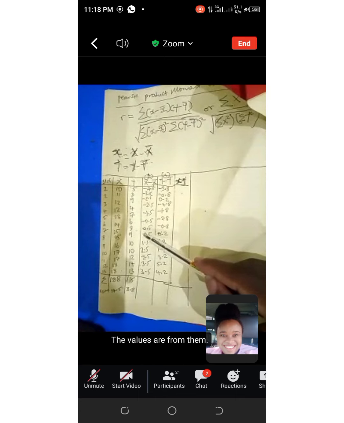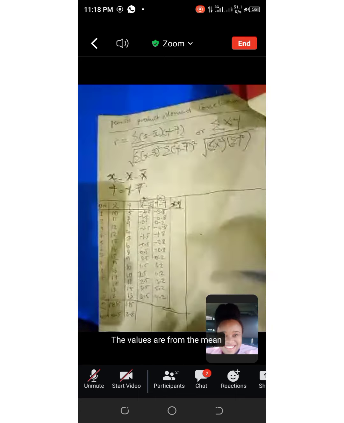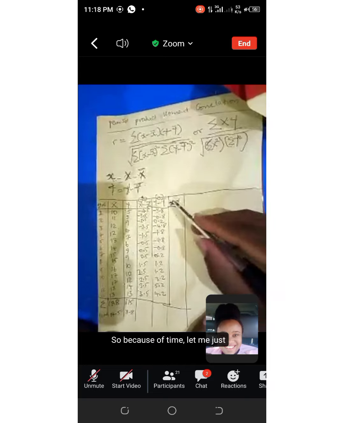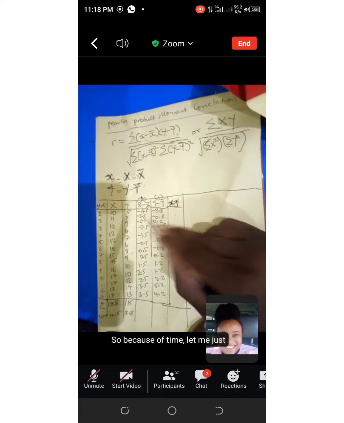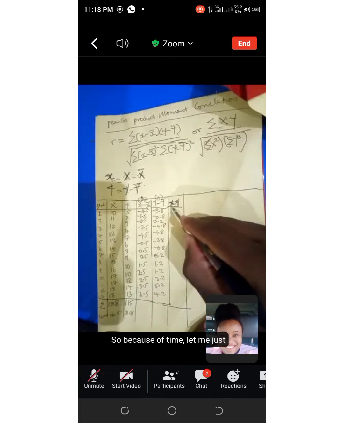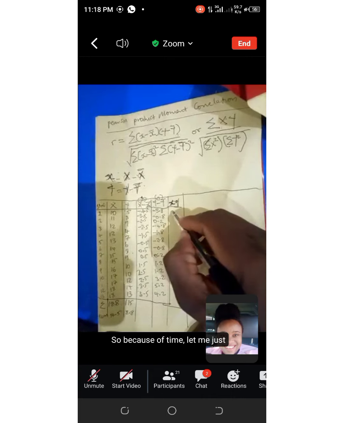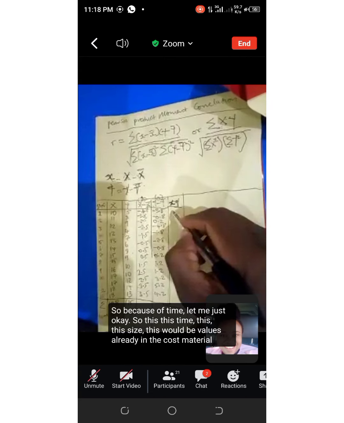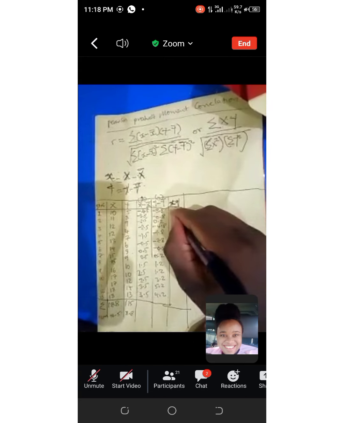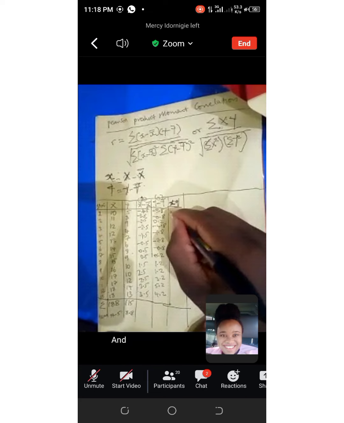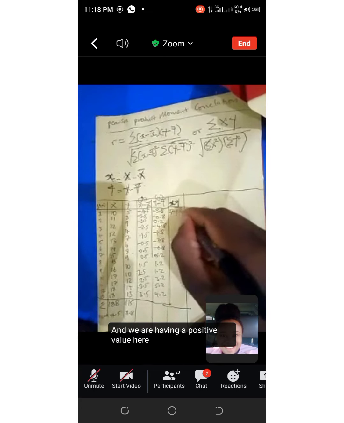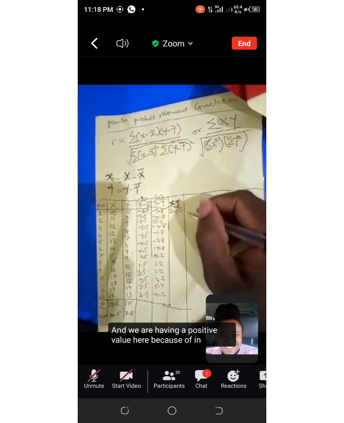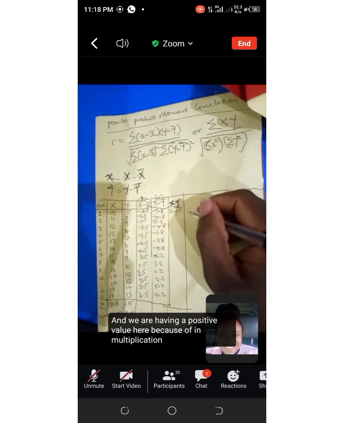Because of time, let me just rush through. Time is against us. So this times this, this times this, this times this. The values are already in the course material, so I'll just write them down. So here we have, remember, multiply. We are having a positive value here because in maths multiplication, minus times minus is equal to plus.